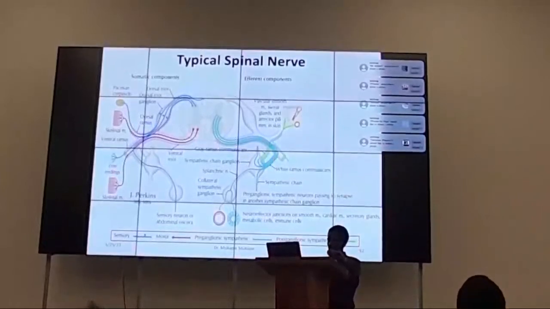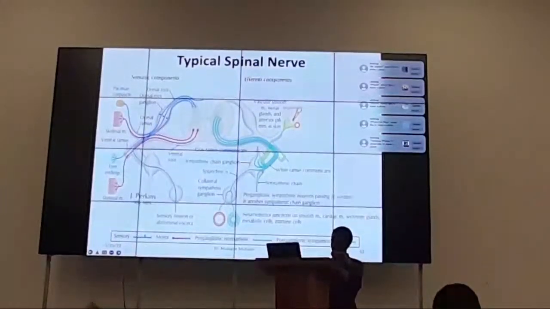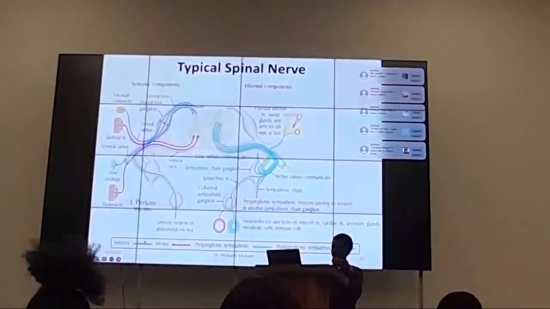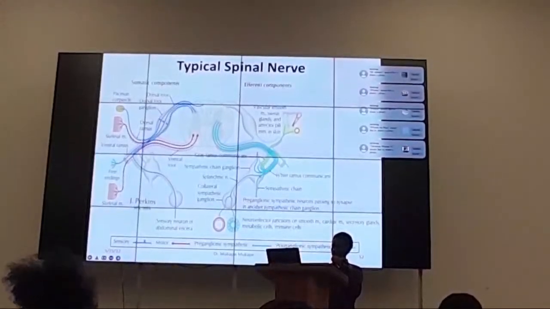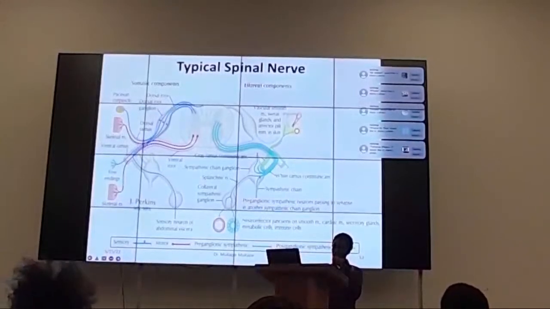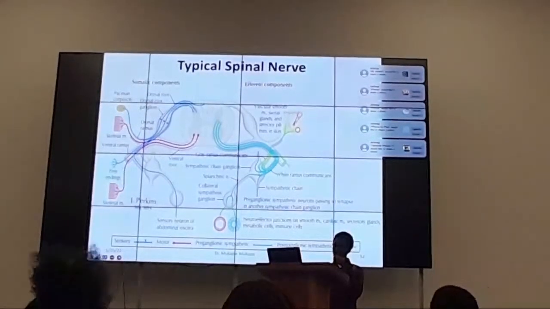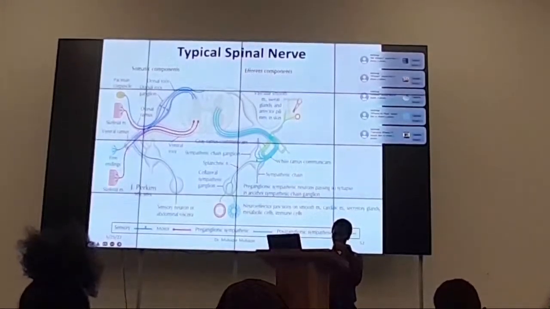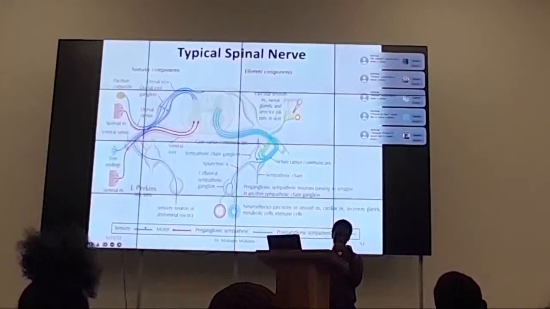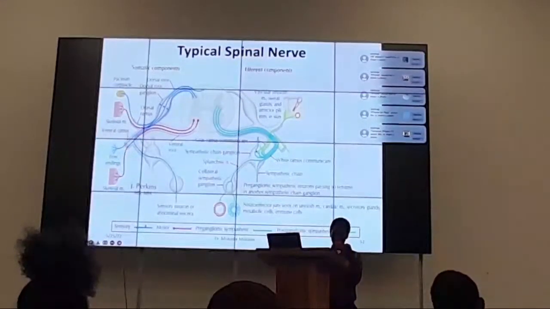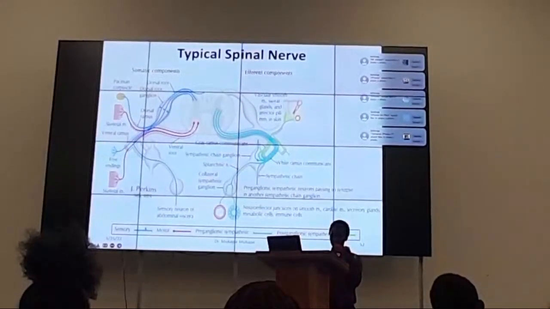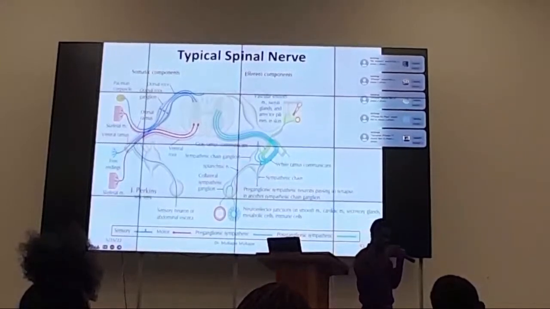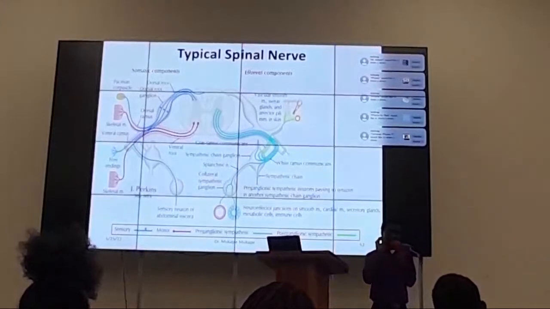The first option, in fact, four options. The first option is that the neuron, not the nerve, the neuron, may decide not to synapse at this level. It can decide to pass through the ganglion at that same level minus synapsing.